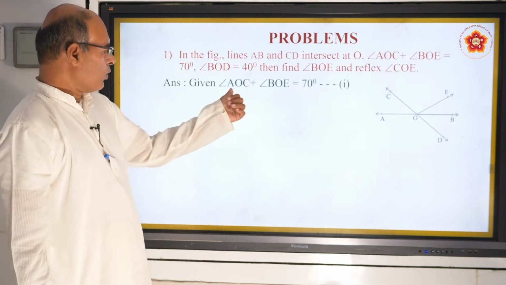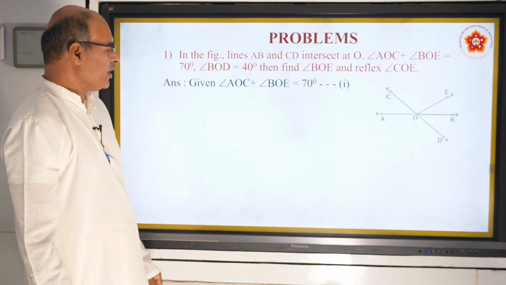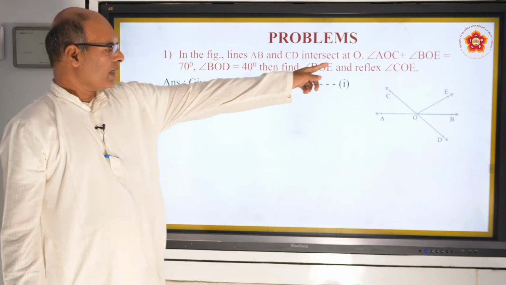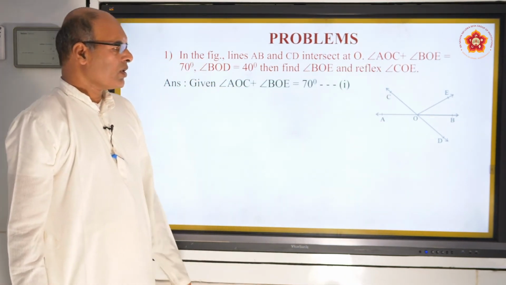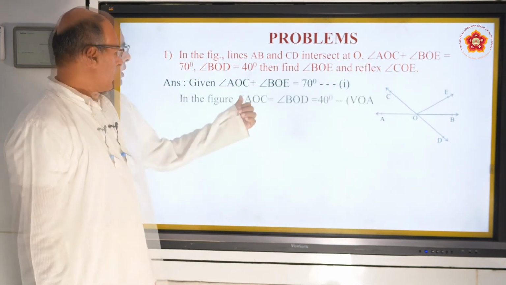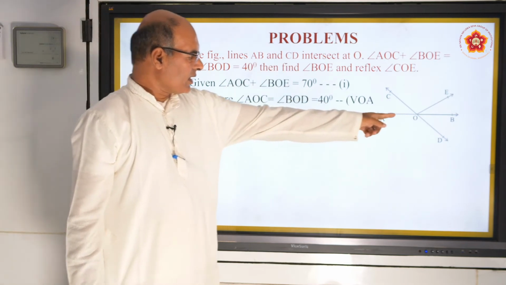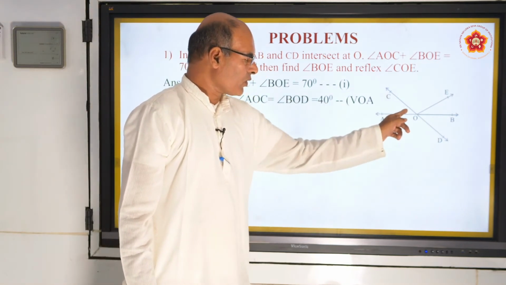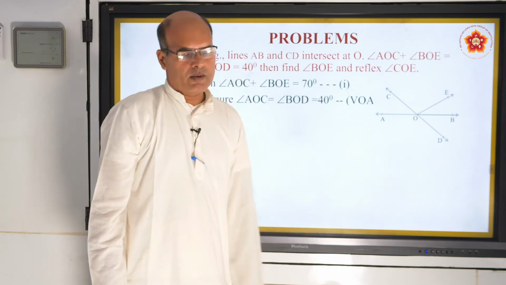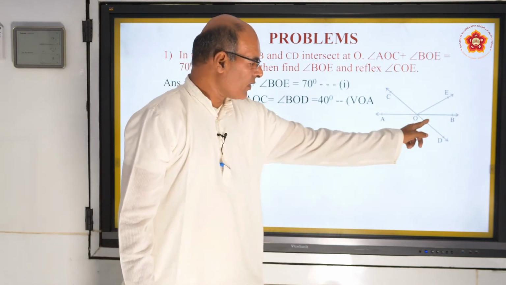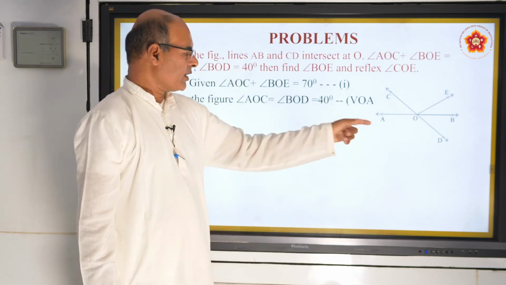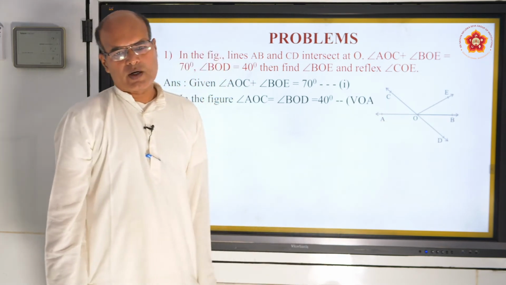So in this picture, angle AOC plus angle BOE is equal to 70 degrees. It is given that AB and CD intersect at O. These two are straight lines, therefore the vertically opposite angles are equal. And BOD is given as 40 degrees. Therefore AOC is also 40 degrees.